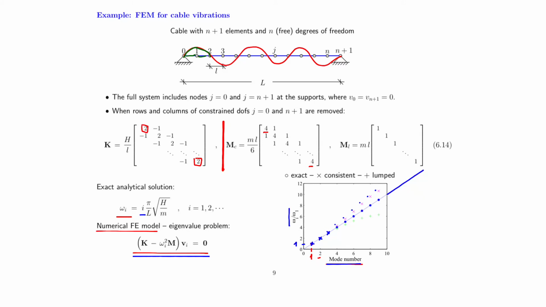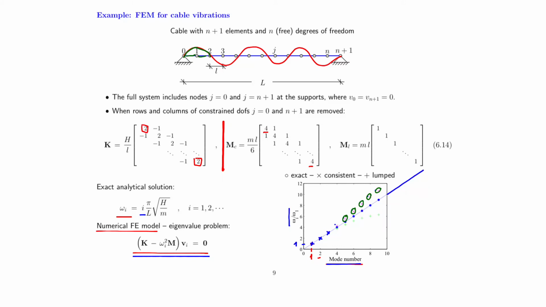So for the red mode shape that I've indicated in the figure, the discretization that is shown is probably a little bit too coarse to accurately represent the correct vibrations of the cable, and we see that by a deviation from the exact solution that we want to replicate by our finite element model.